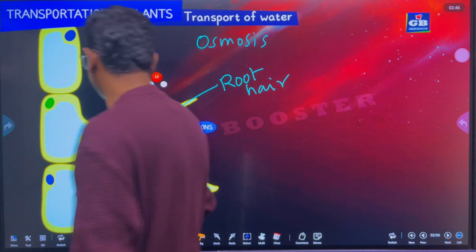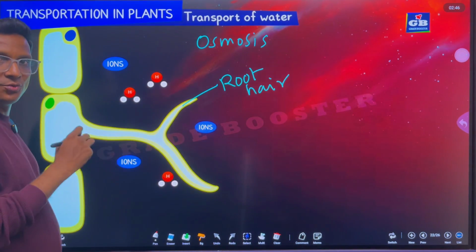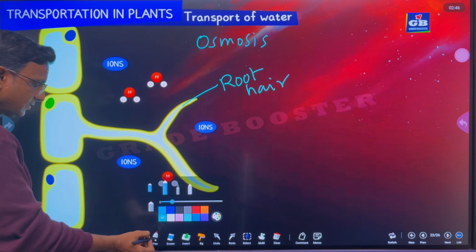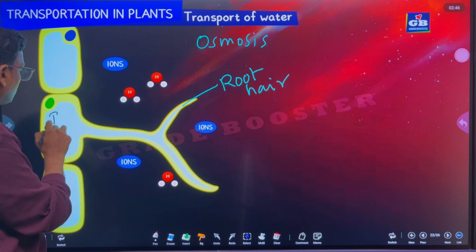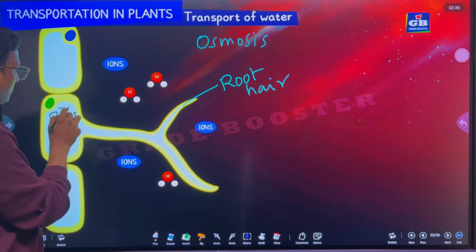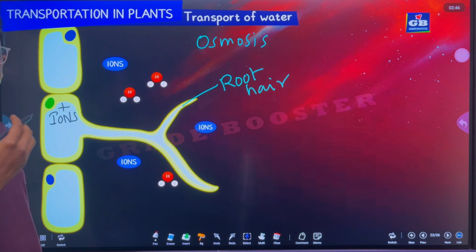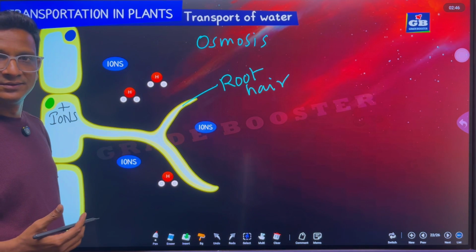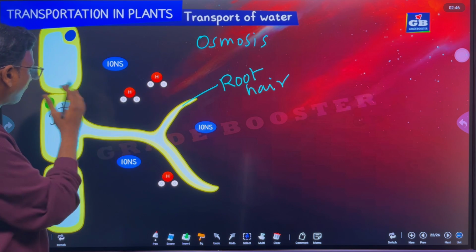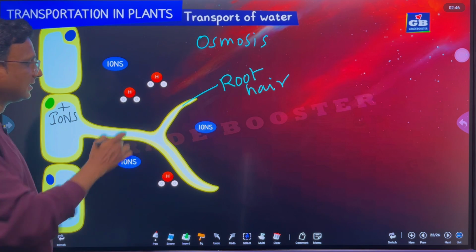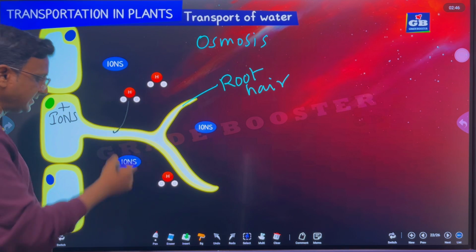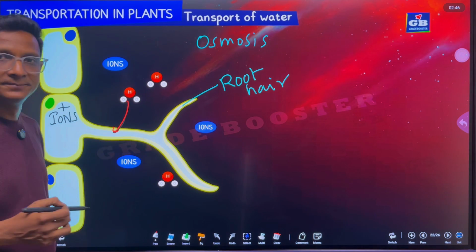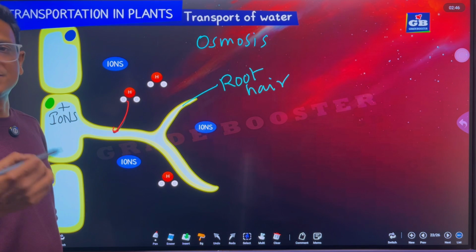Inside the root, the cell sap has a higher concentration of ions compared to the outer environment. So when the concentration of ions is more inside the cell, the water molecules enter inside the cell. That is by osmosis.